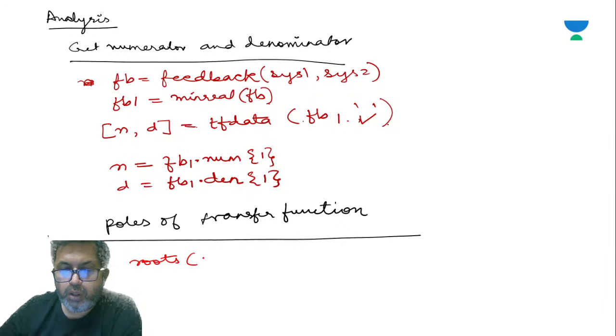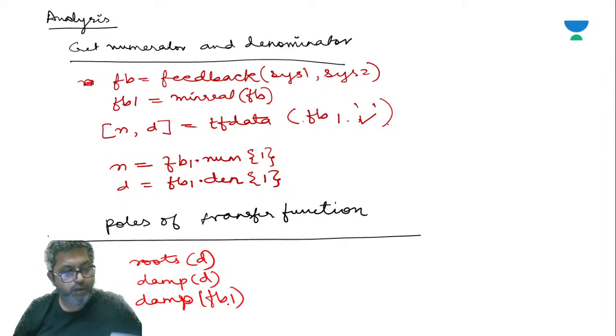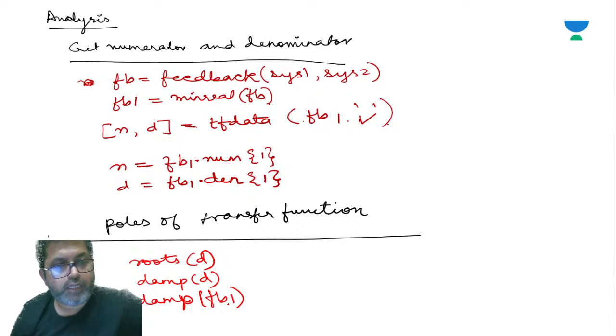Roots first of all d, then damp fb1. So this is how you get the poles of the transfer function.